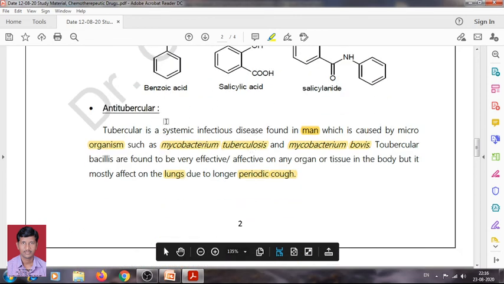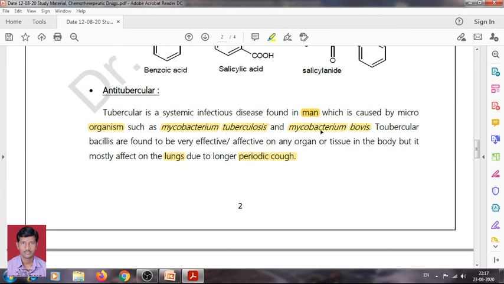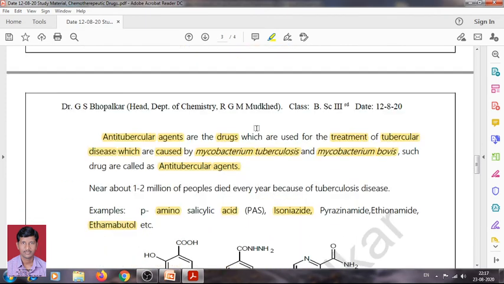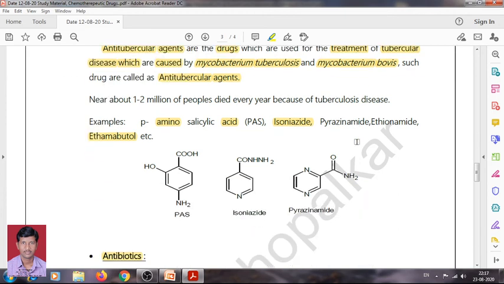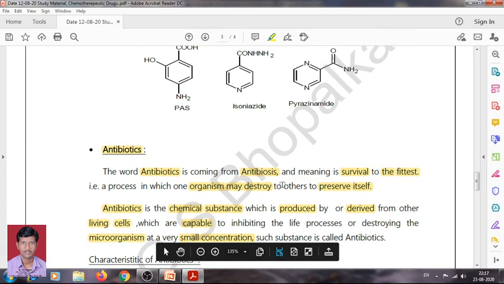Antitubercular drugs. What is tuberculosis? How tuberculosis is observed in humans, and which bacteria are responsible for tuberculosis. We have learned the definition of antitubercular drugs, and these are the examples which are used as antitubercular agents.